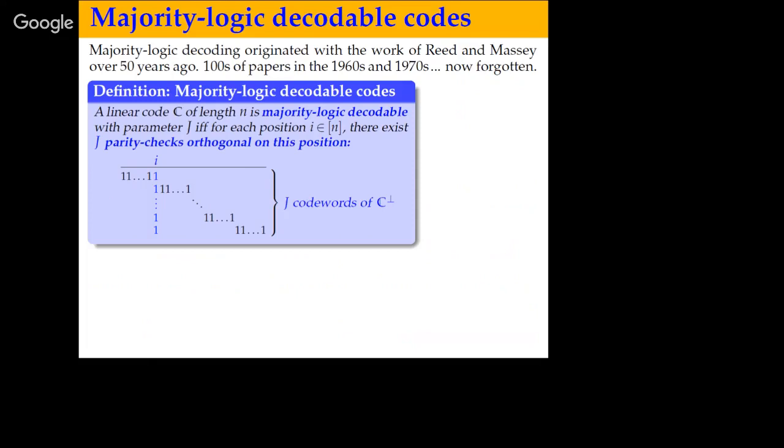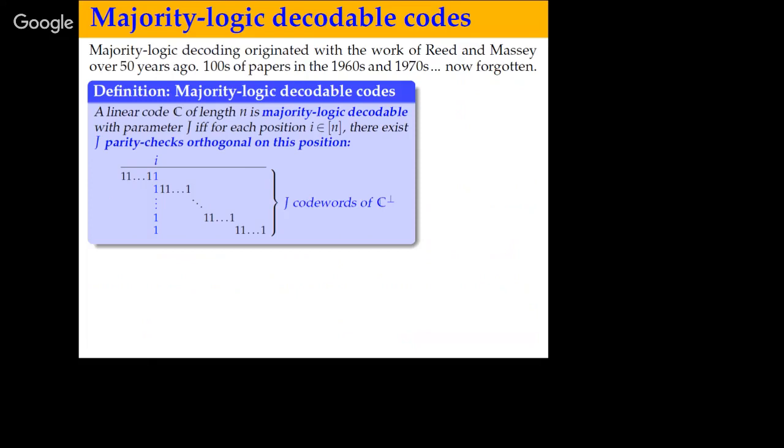For any codeword position i, if I look in the dual code, I can find a set of j codewords that all have 1 in position i, but in all the other positions there is 0 across them. These are said to be orthogonal on position i. Strange terminology, but that's the definition of majority logic decodable codes.